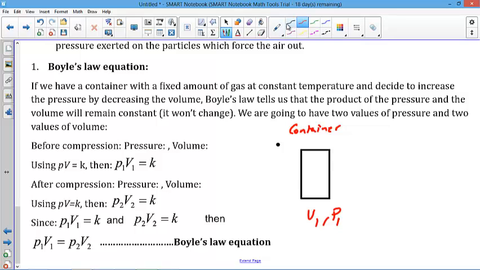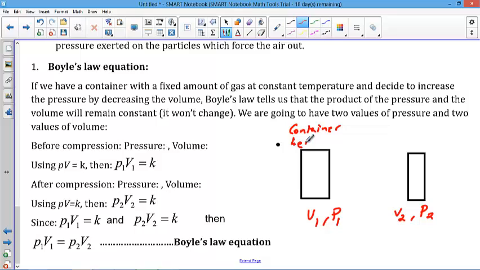Now if we increase the pressure by decreasing the volume, then we expect that the second diagram that we're going to have is the one where we are having a smaller volume. Now we're having a new value of volume, and we're going to call it V2. The pressure is going to be called P2 as well.